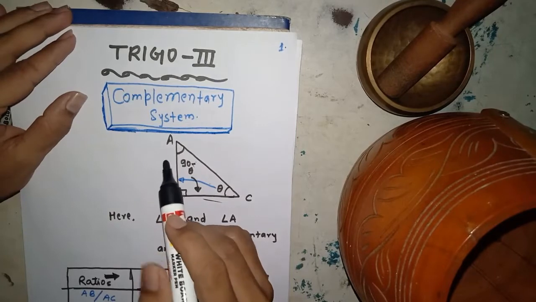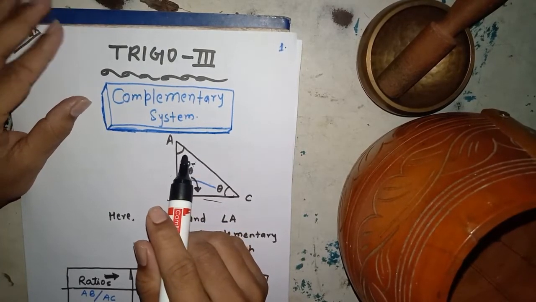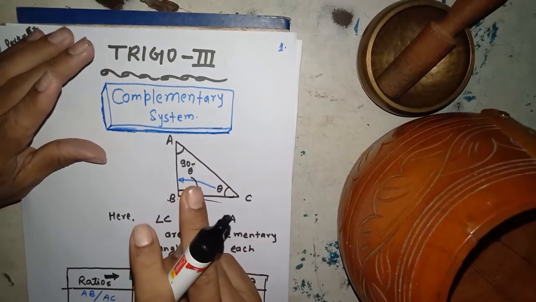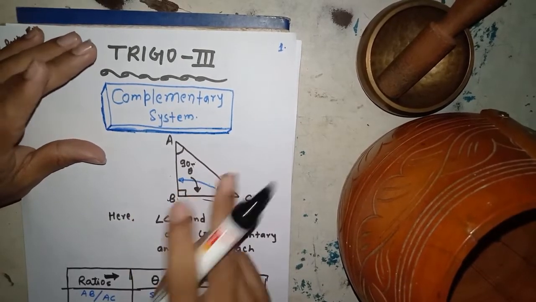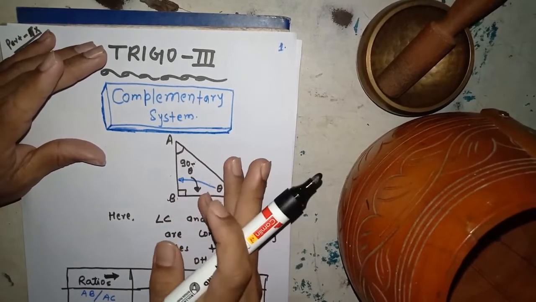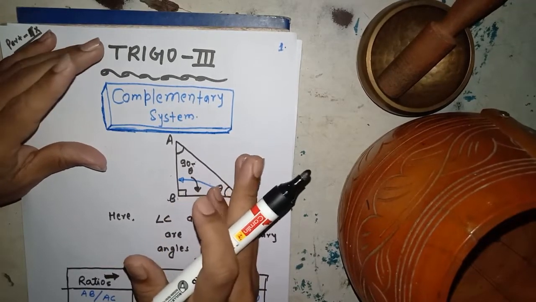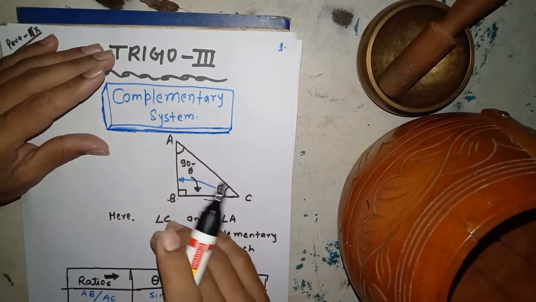Now you all know the meaning of complementary, that if the sum of two angles is 90 degree, then you can say one angle is complementary to another angle, or second angle is complementary to first angle. Yes or no?